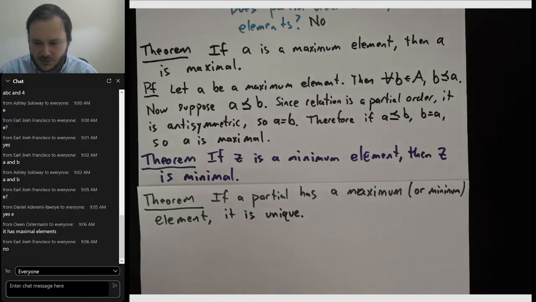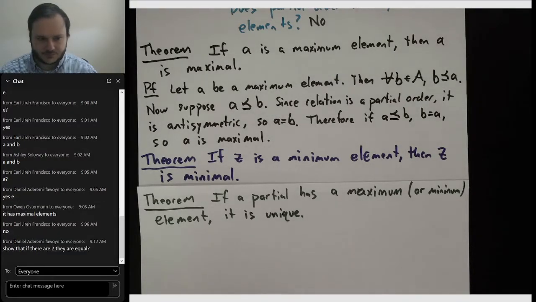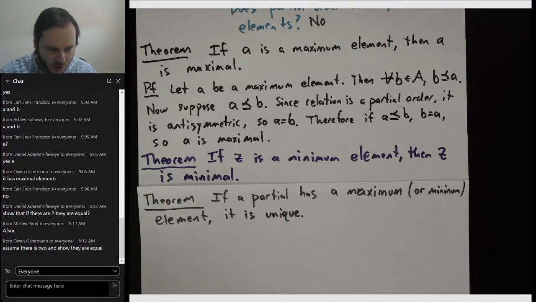Okay, before I write down the proof, any guesses of how I'm going to prove this? Any ideas for how to start a proof like this? Yeah, really good. Show that if there are two, they're equal. We can do this by contradiction. We don't have to.